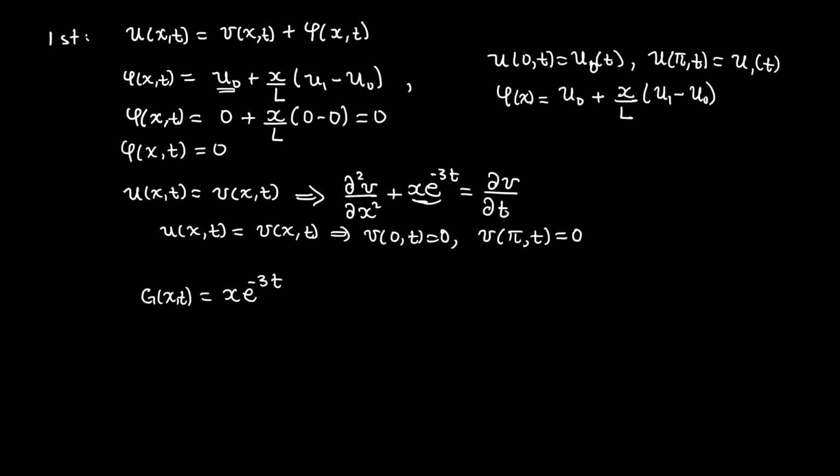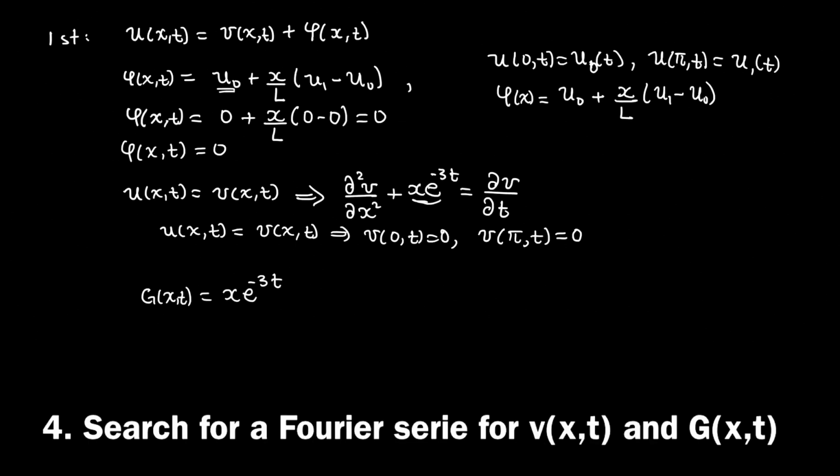minus 3t. Okay, now what I'm gonna do is search for a solution. If I look at the problems so far, everything we've been using, we just end up with a Fourier series, right? So I'm gonna search for a Fourier series for this problem.